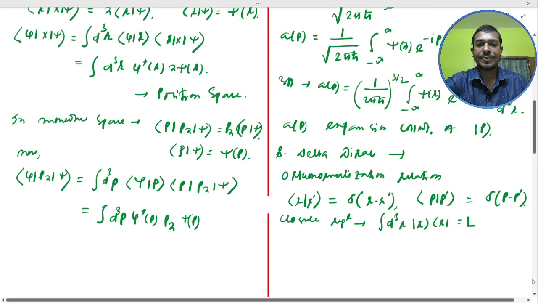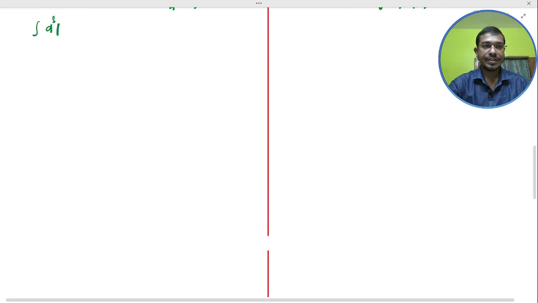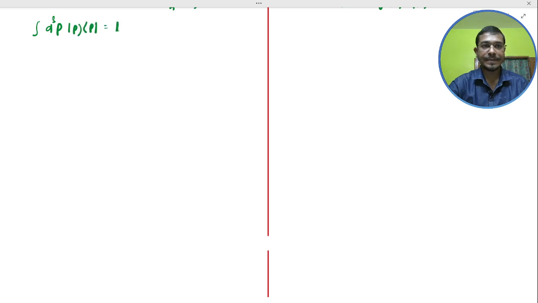This is in the position space, and it should be written in the momentum space as the integral d³p |p⟩⟨p| is equal to identity matrix.